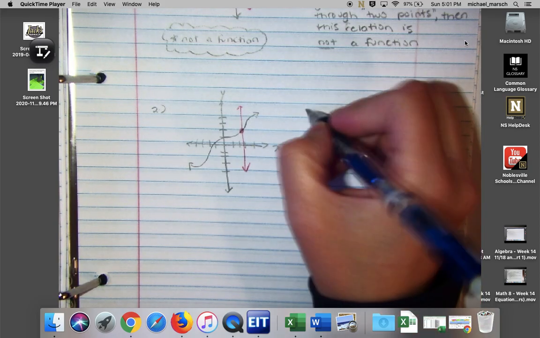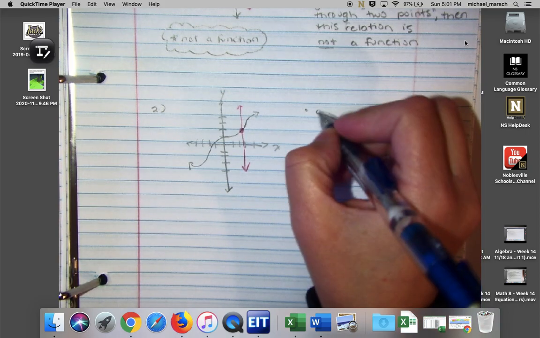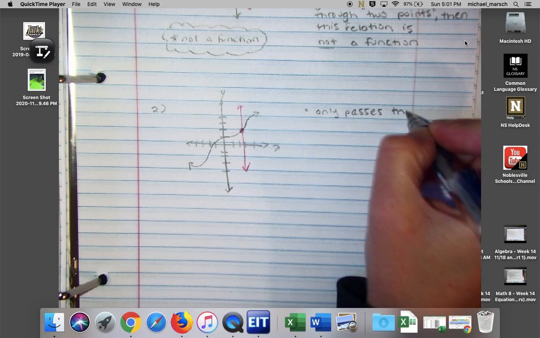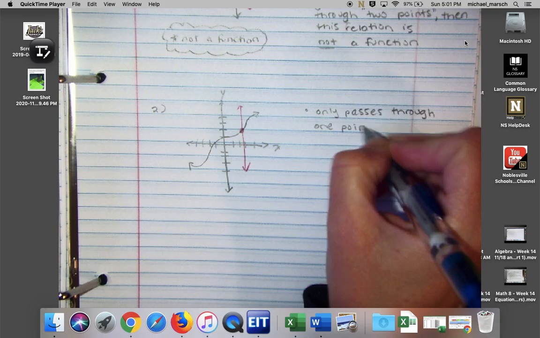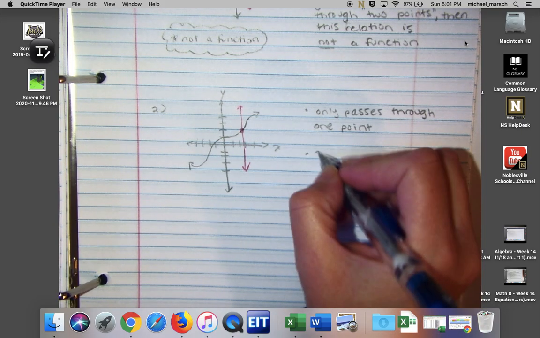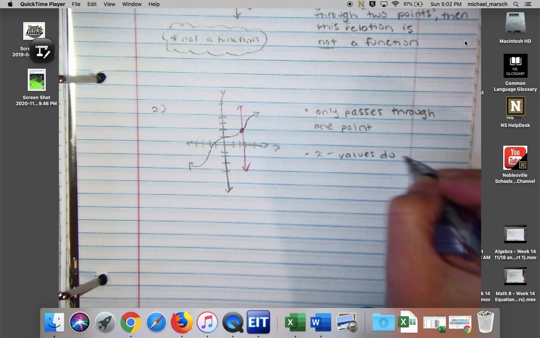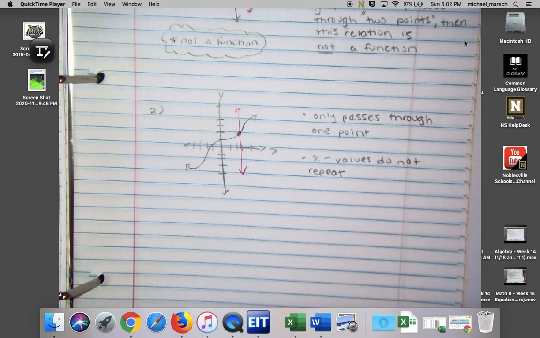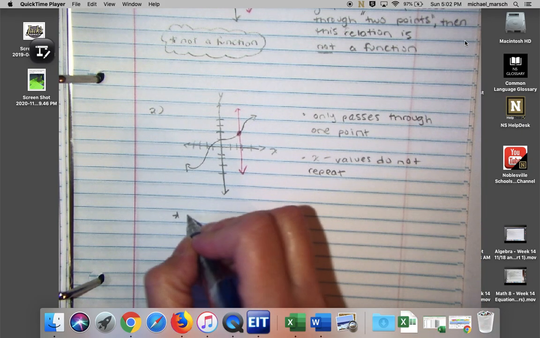Okay, so we can say only passes through once. Right, which tells us that the x values do not repeat. So this is a function.